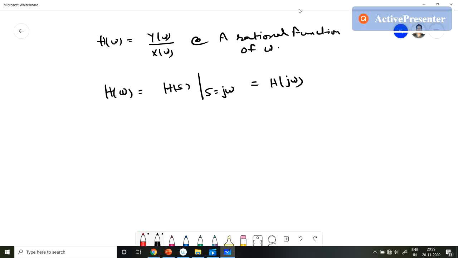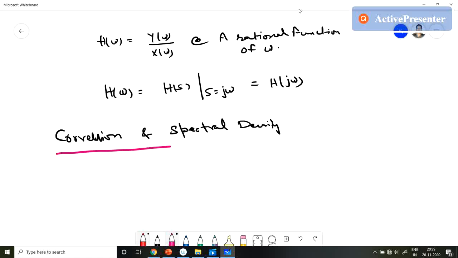Let us discuss some important terms that we are going to use again and again in the analysis of LTI systems. So we have correlation and spectral density.